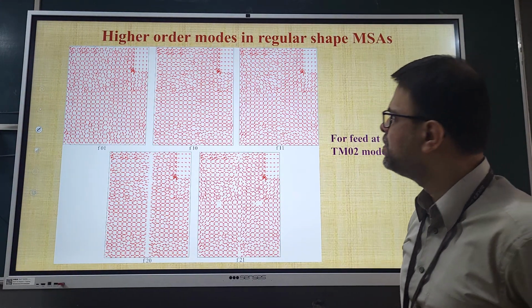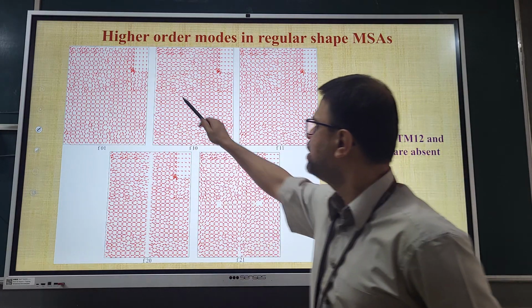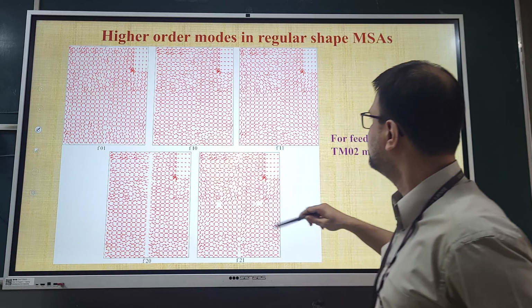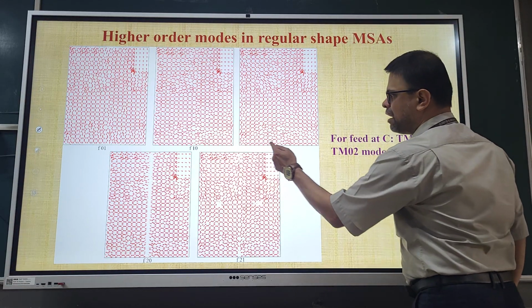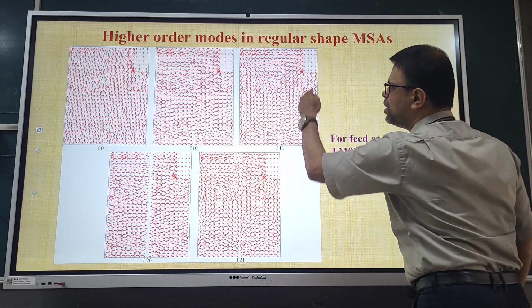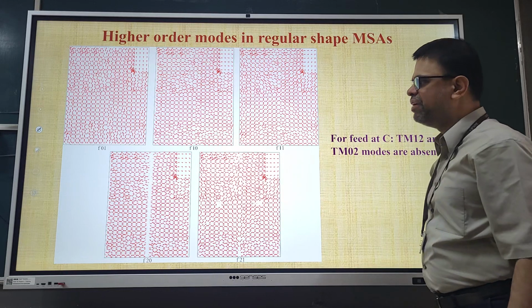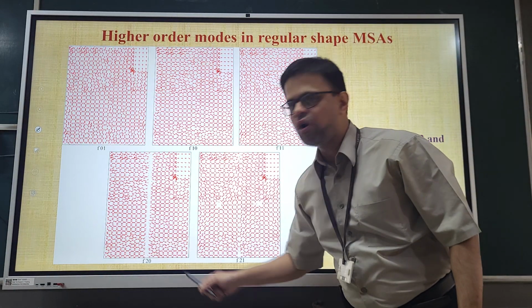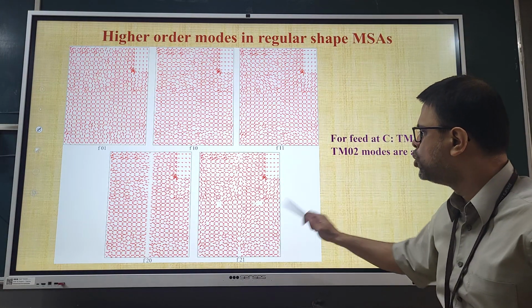Okay, one half wavelength. This is 1-0. Again, I am showing with respect to feed point C. This is 1-1. Okay, so you can see one half wavelength variation along the length, one half wavelength variation along the width. This is your 2-0. It is two half wavelength along the length, and this is 2-1.